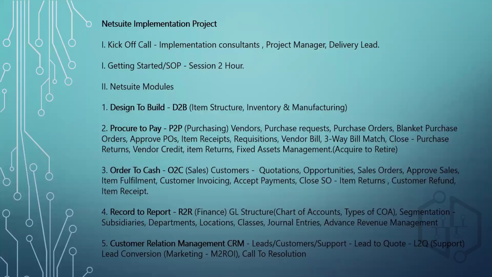And there is something called fixed assets management, which is acquire to retire. Procure to pay is for purchasing; for fixed assets management, the name of this module is acquire to retire, which means you have a property, right?